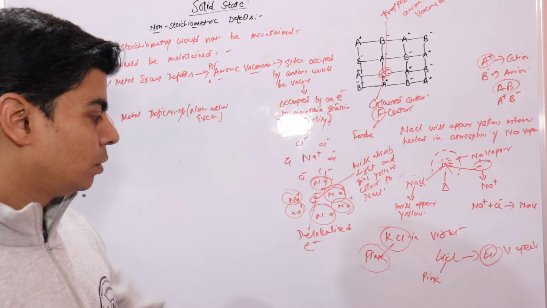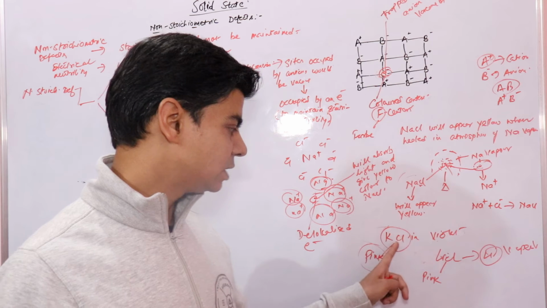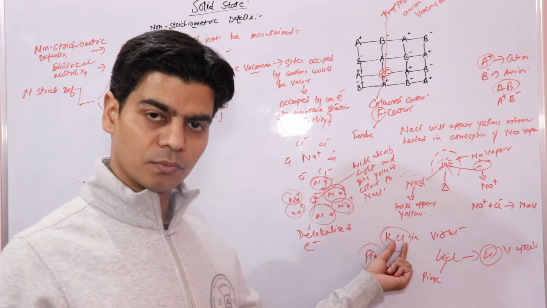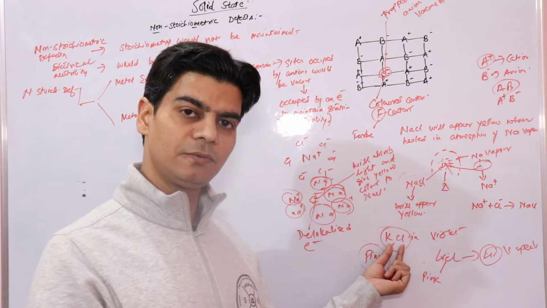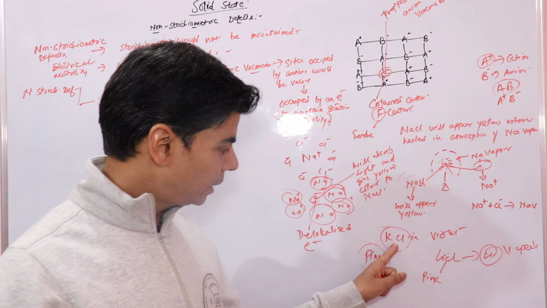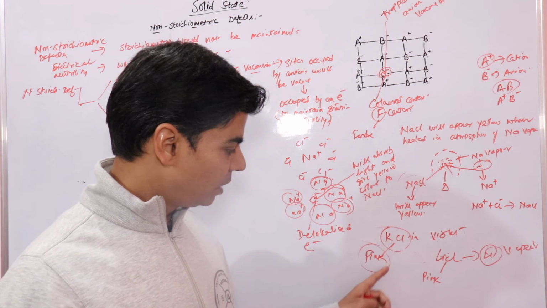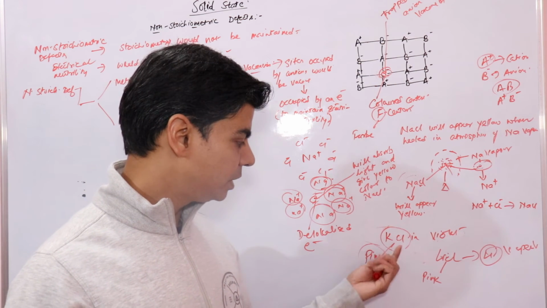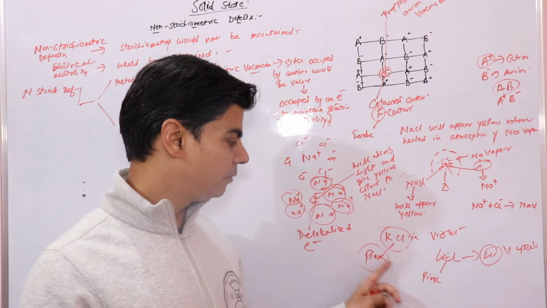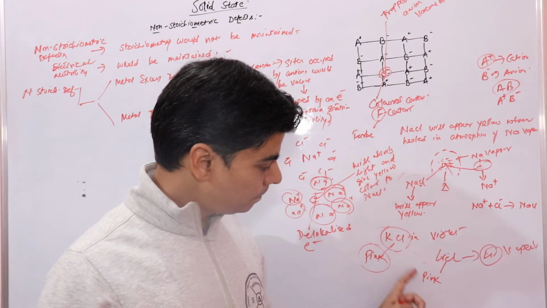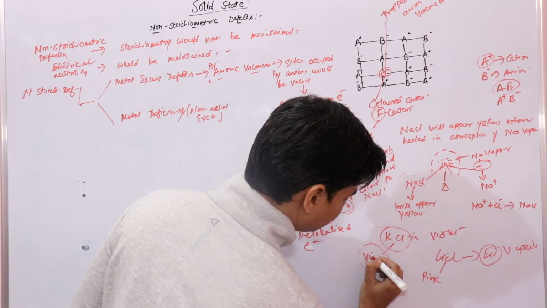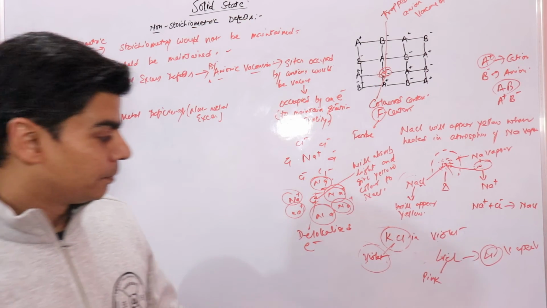Potassium chloride has excess of potassium ions because one of the chloride ions would be missing from its anionic site and would be occupied by an electron. The electron that has occupied the anionic site will absorb light and make it appear violet. Let me write it over here. Sorry for the confusion, it's violet.